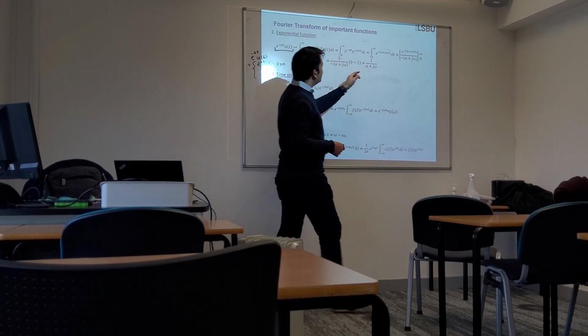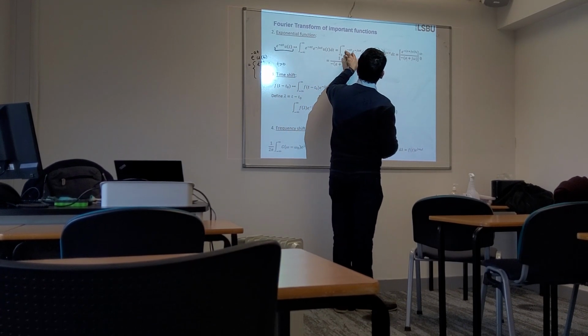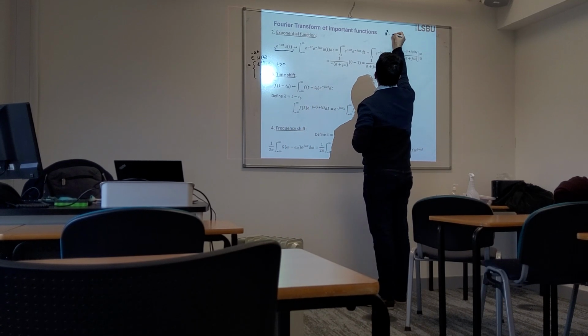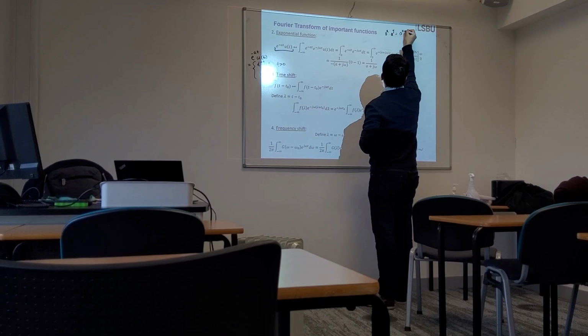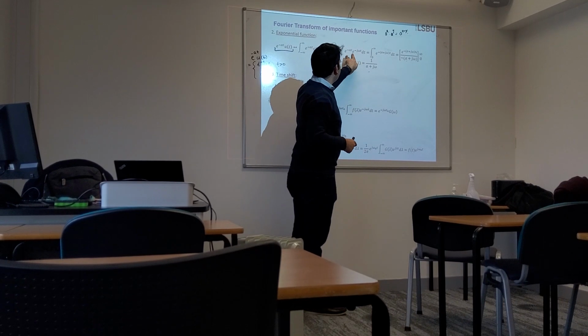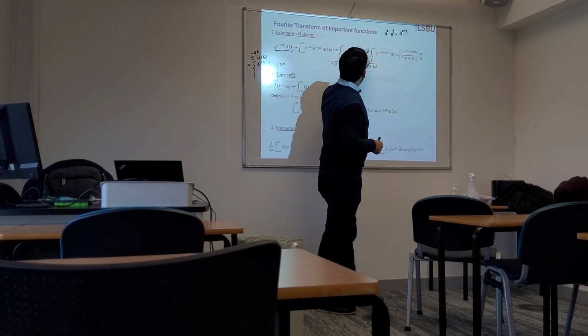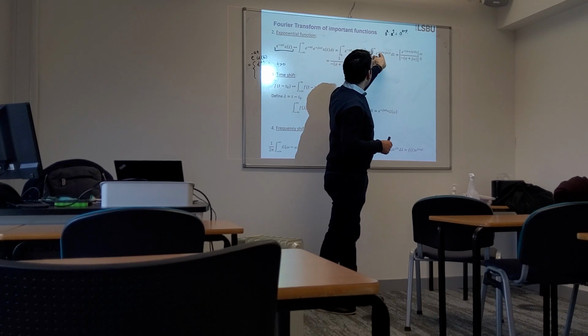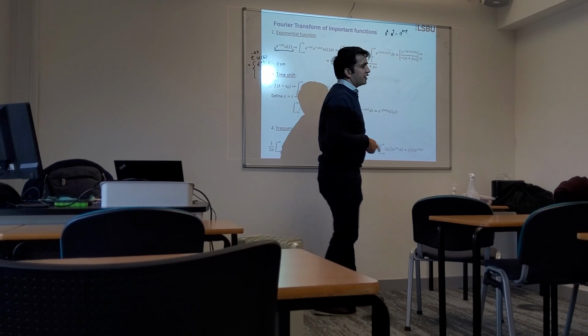Then moving further, if we have the same base, we can add the power. So a power x times a power y would be a power x plus y. We can do the same here: the base is the same, which is e, so we can add the power, which would be minus a t minus j omega t. So I can take minus common, it would be a plus j omega t.